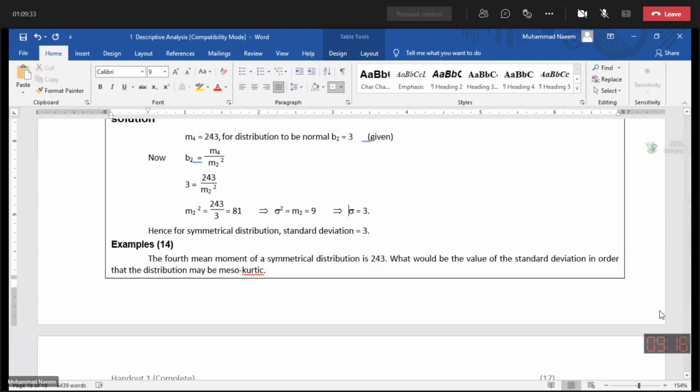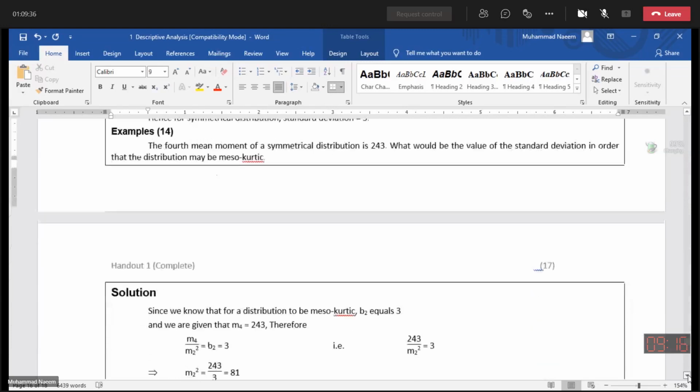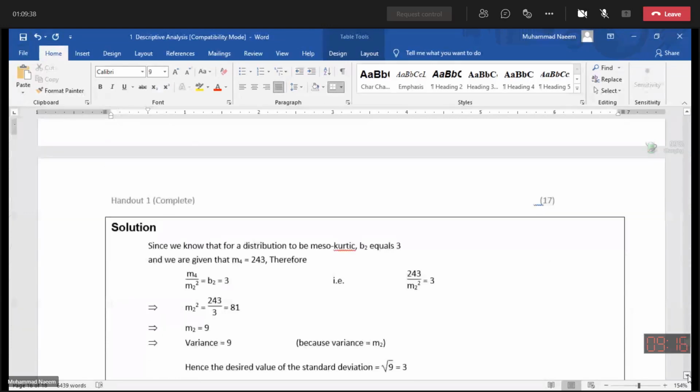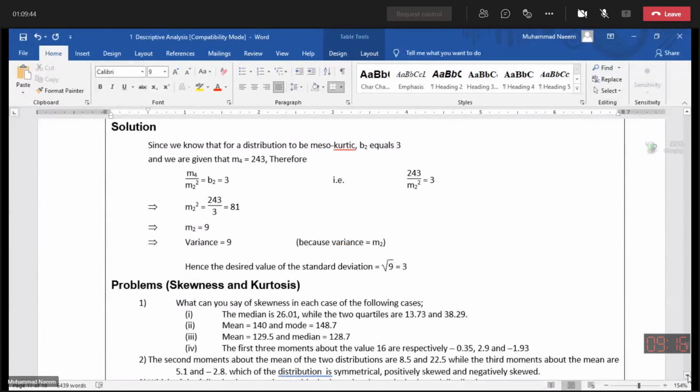Similarly, try this example also. In previous examples, whenever we are given 4 moments, either about some value, first we convert them in terms of the mean, and then using moment ratios, we can decide about the skewness and kurtosis.